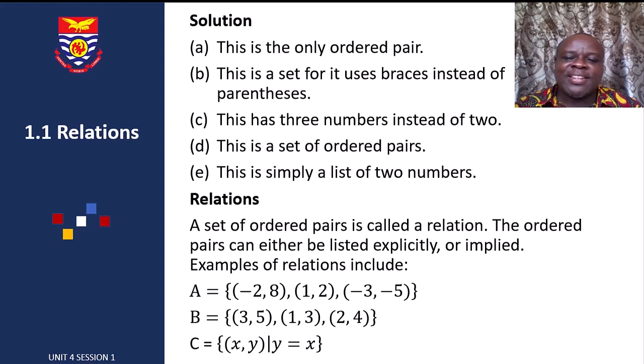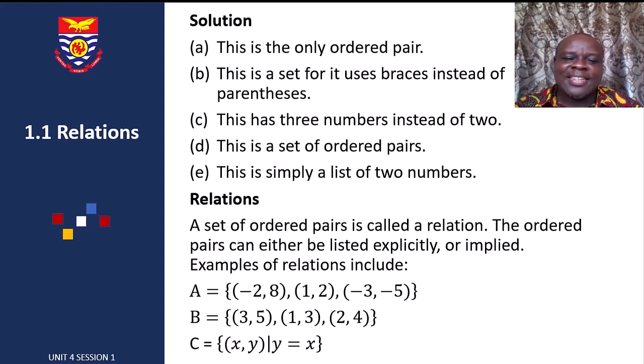The first one is (-2, 8). The second one, (1, 2). And the third one is (-3, -5). The set B is made up of (3, 5) as the first ordered pair, (1, 3) as the second ordered pair, and then (2, 4) as the third one.